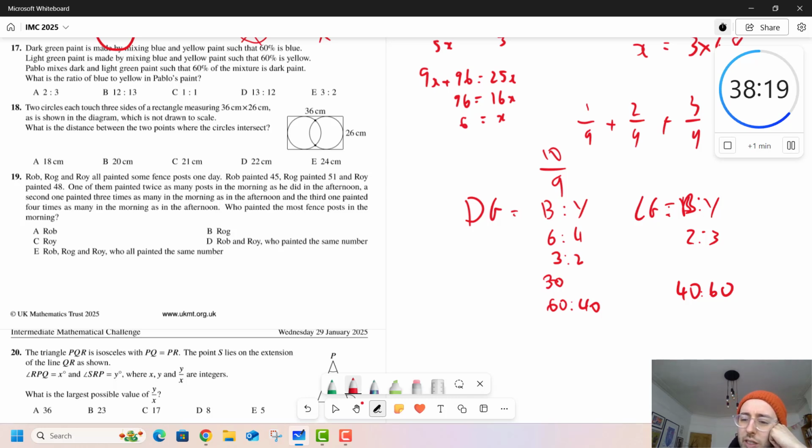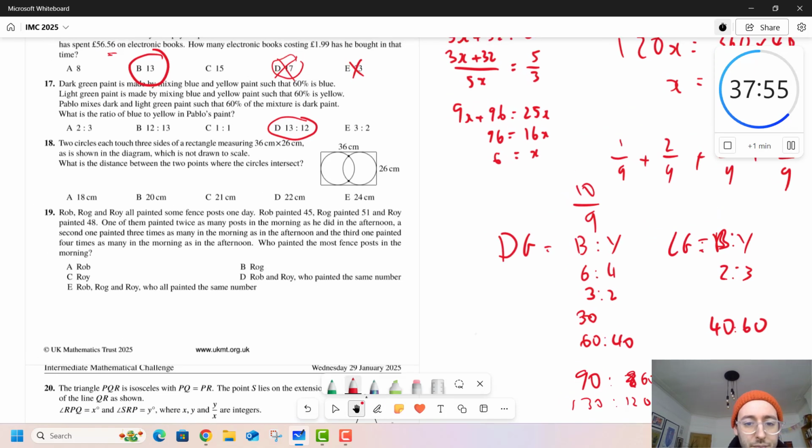So if we times this by 1.2, that's 90, 60 plus 40 is 130, 120. So it's 13 to 12? Not sure. I think 13 to 12.